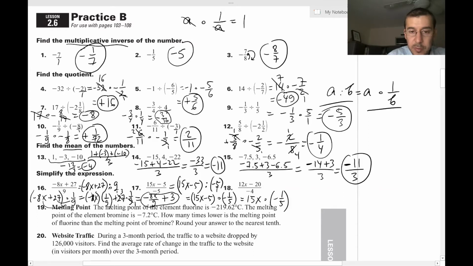We're applying the distributive property. And then minus 5 times minus 1 over 5. Here 15 and 5 cancel out by 5, so we have 3. 3x times minus 1 is minus 3x. And then here we have 5 and 5 cancel out, so we have minus 1 times minus 1 or plus 1. Okay. So we end up with minus 3x and plus 1.